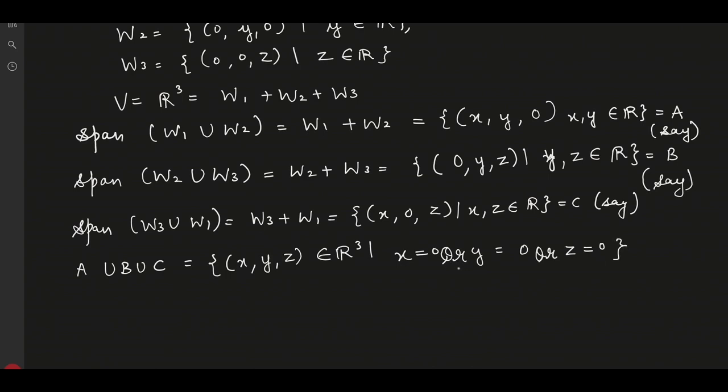Union is OR, intersection is AND. So this cannot be written as vector space V now. Is this clear? Because W1 union W2 is a subspace only when one is contained in the other, and if it's not given, we can't say.